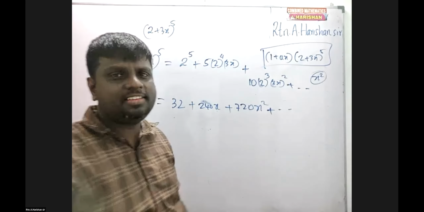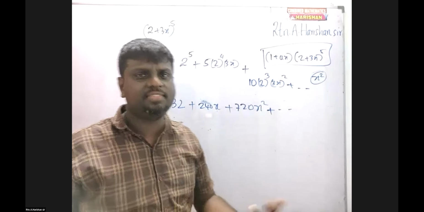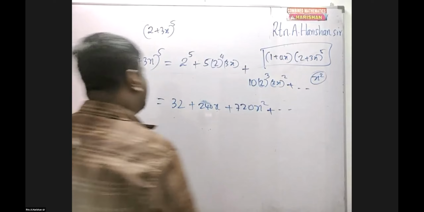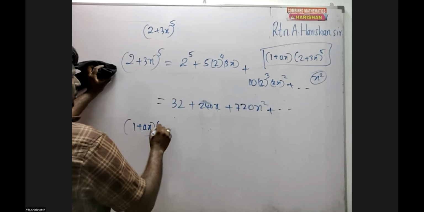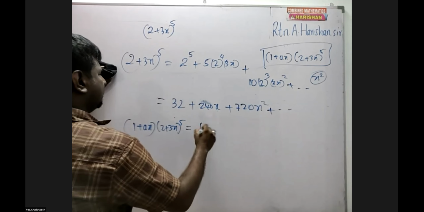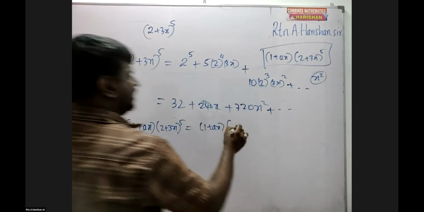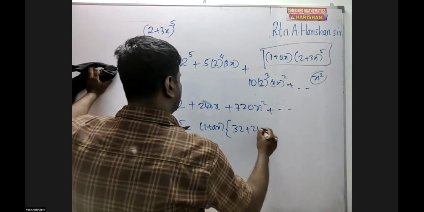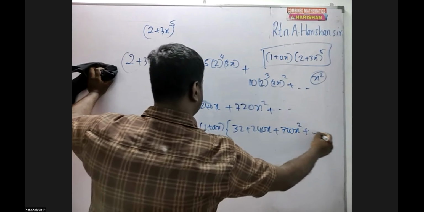In this expansion, there is no term of x squared, so you have to find the value of a. So we consider (1 plus ax) into (2 plus 3x) to the power 5. We can write this as (1 plus ax) into (32 plus 240x plus 720x squared plus dot dot dot).